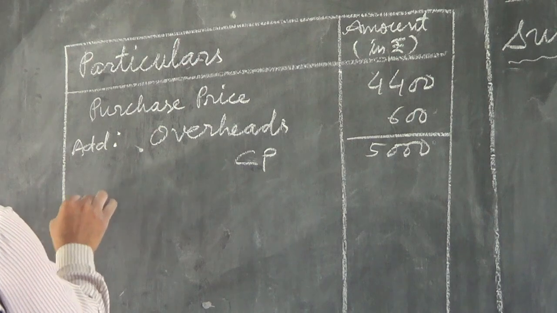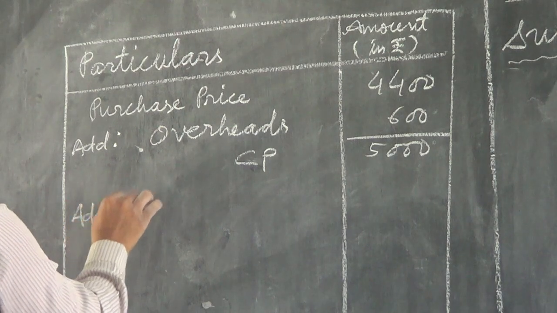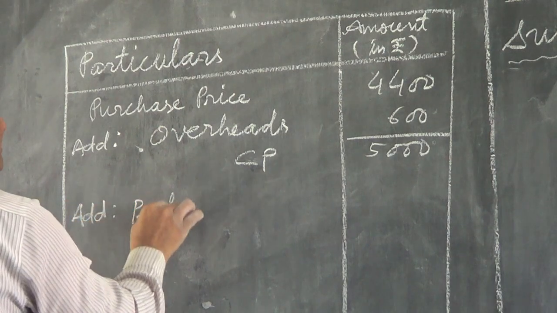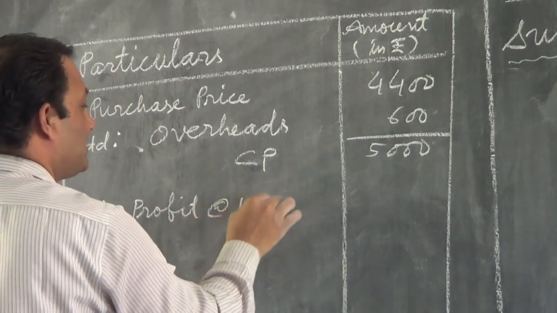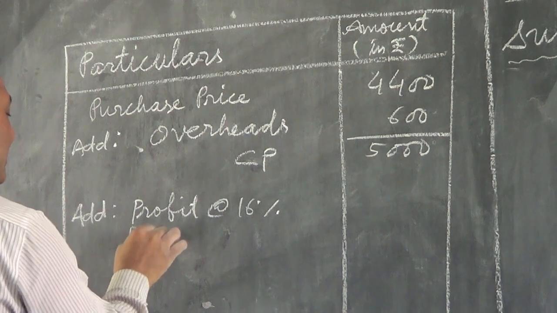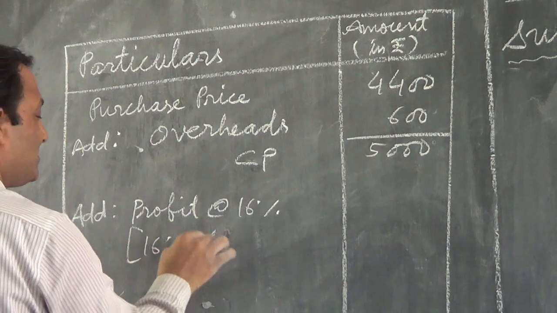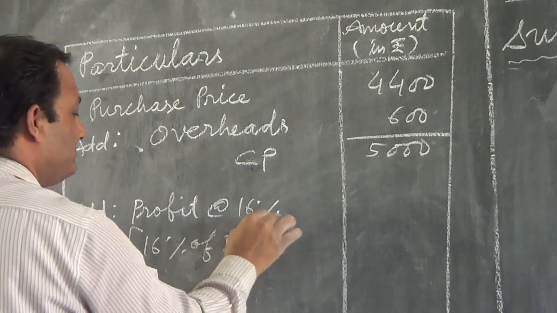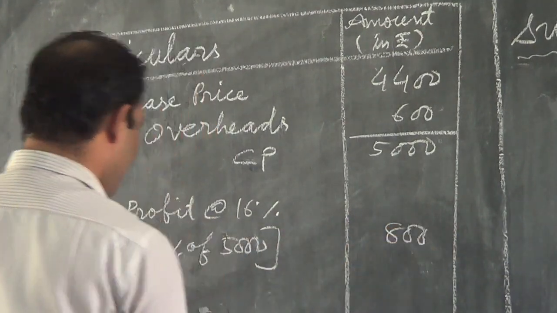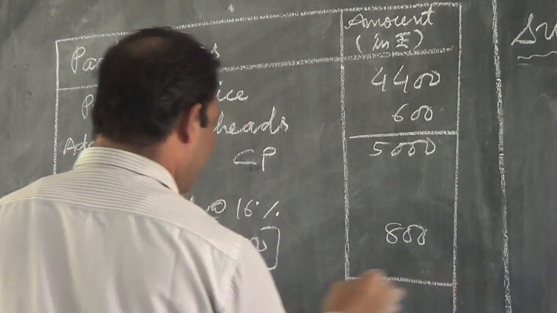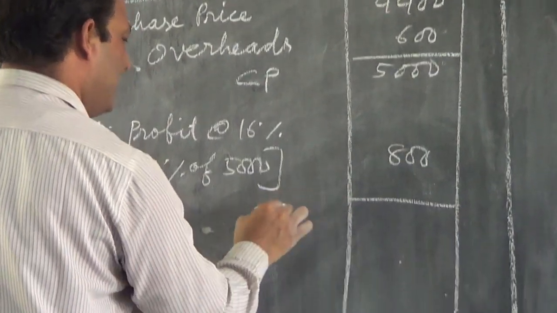Then here you write add profit at 16%, and in bracket I write 16% of 5,000. That is 800 rupees. And whatever we got here, we will use the name SP.